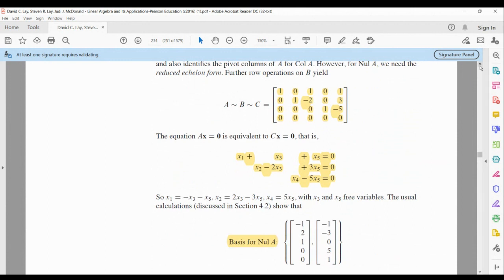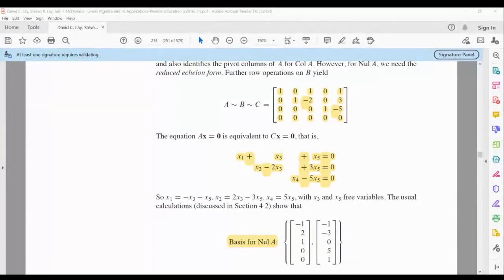But let me ask you, what's the dimension of the null space of A in this problem? Do you have a basis for the null space of A? Good. It consists of two vectors.